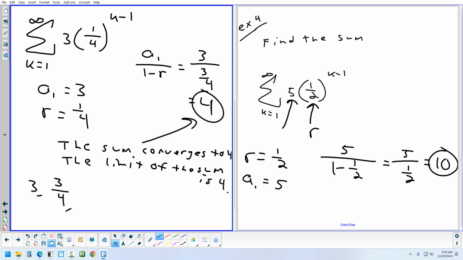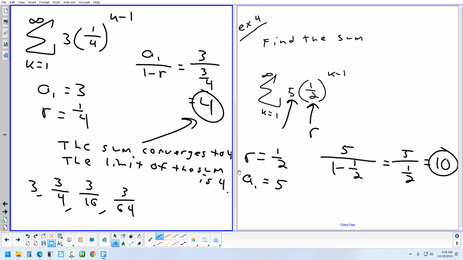What's 1/4 to the second power? 1/4 times 1/4 is 1/16, and then times 3 is 3/16. And what would the next one be? Well, what's happening each time? Multiplying by 4. Yeah, you're multiplying the denominator by 4, so 3/64.